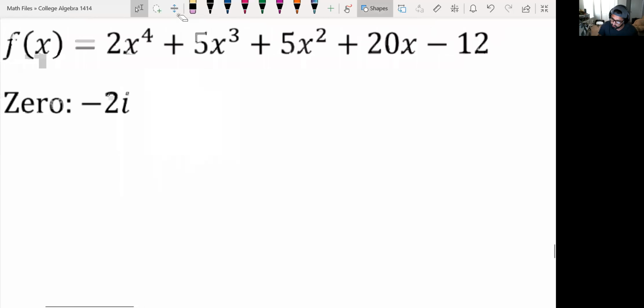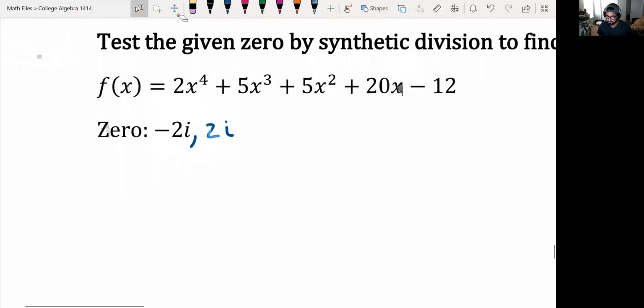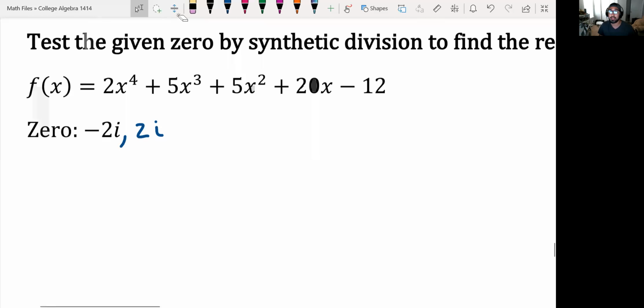If we're given -2i, then we already know the other zero is positive 2i. So let's go ahead and try a complex number in synthetic division. It's going to be a great time, don't worry.